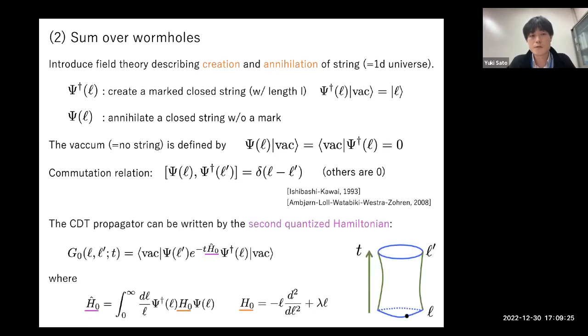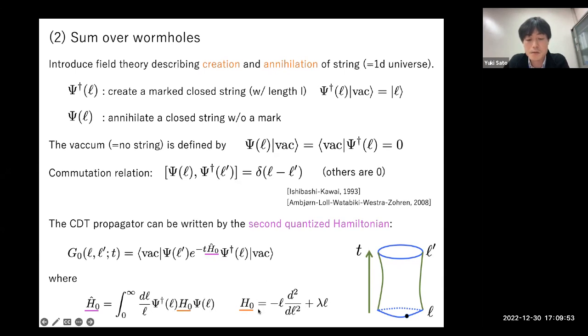So using these string fields, you can construct the CDT propagator as I have explained in the previous section. So let us think about this amplitude. This can be expressed by sandwiching the original one-body Hamiltonian by the operators like this.